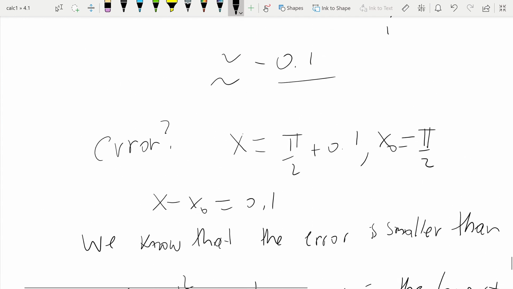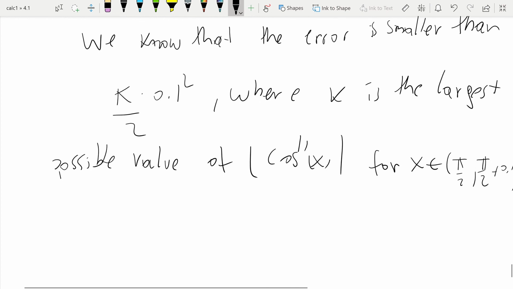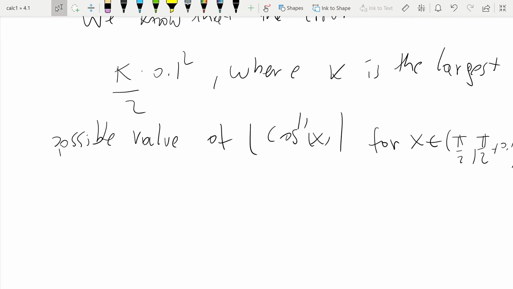Right? What is cosine double prime? Cosine double prime is minus cosine of x. So the absolute value of cosine double prime is cosine of x.